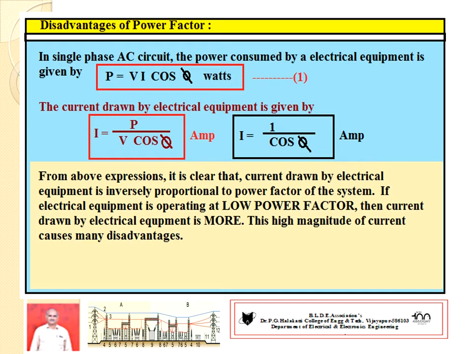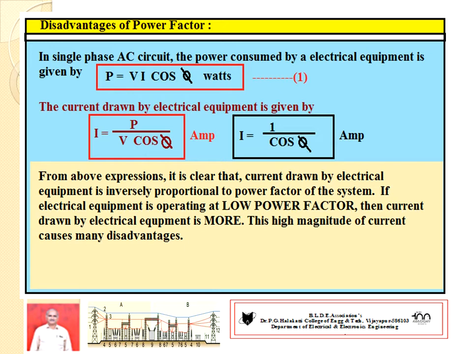From the above expression, we develop the expression for current drawn by the electrical equipment. So I equal to P divided by V cos phi. For given electrical equipment, power remains same and supply voltage remains same. Hence, current drawn by the equipment is inversely proportional to power factor.